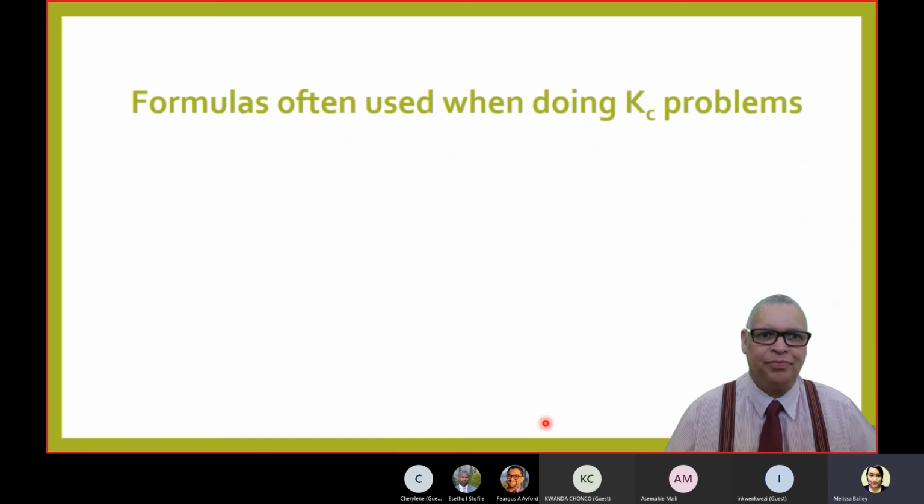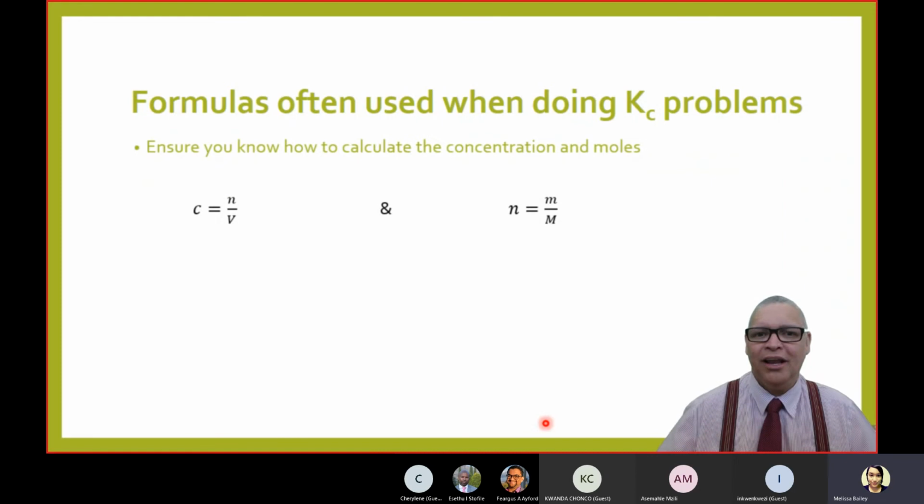What formulae are used when doing Kc problems? Well, now we're going to take you right back to grade 10. You may remember in grade 10, you had a number of formulae that revolved around the number of moles. And one of the formulas, which is on the formula sheet, is C equals n over V. In other words, the concentration is equal to the number of moles divided by the volume.